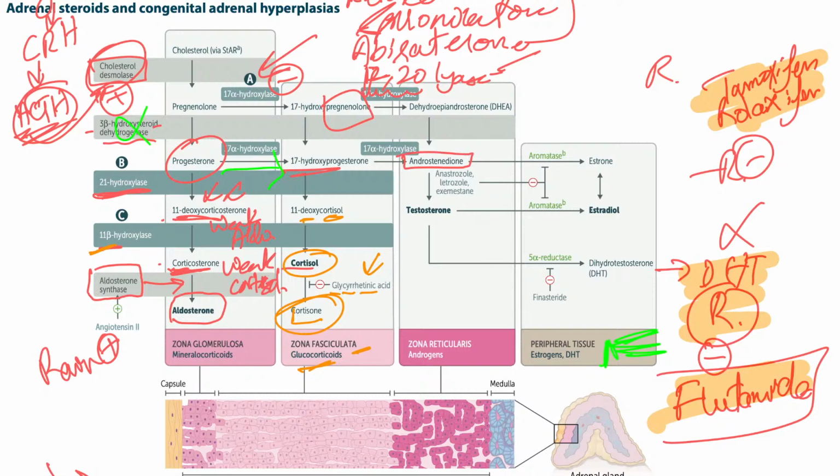When it goes into the peripheral tissues, it leads to formation of estrone. But when it goes, for example, into the testes, the same androstenedione is converted into testosterone in the testes. But again, when the testosterone goes into the peripheral tissues, it is converted back into either estradiol or DHT.